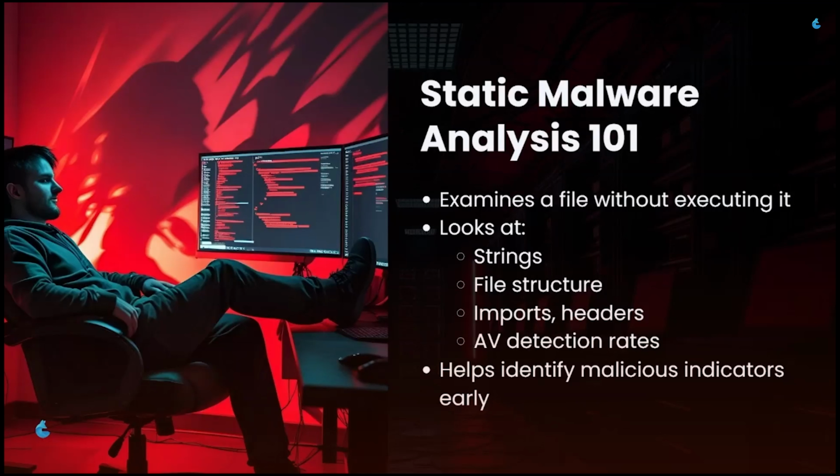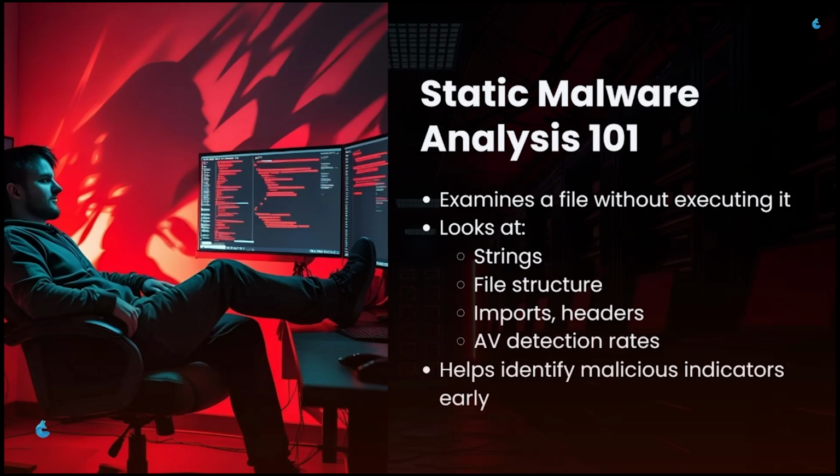So here we start with static malware analysis 101. Static analysis can reveal a lot about a file's nature. Analysts start by extracting strings, which are the readable text inside the file, which can actually contain information like URLs, command line instructions, or even embedded credentials in rare scenarios.